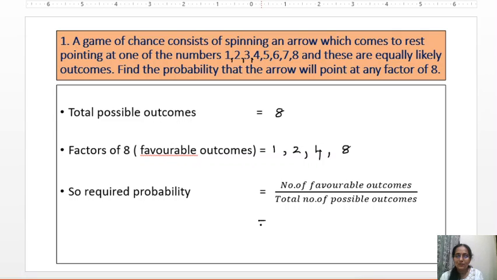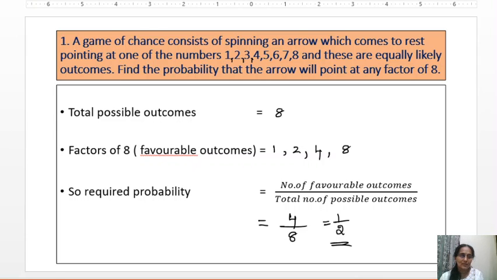You know the formula to find the probability. So your required probability is 4 divided by 8. Reduced to the simplest form, it is 1 by 2. 1 by 2 is the probability of getting a factor of 8.